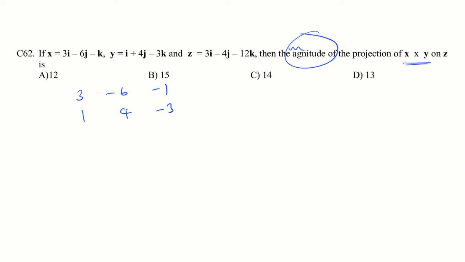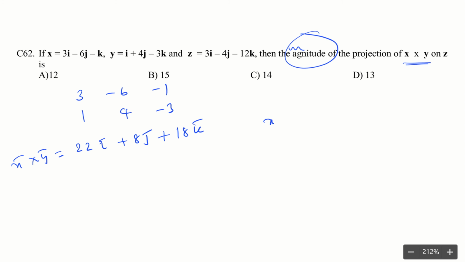So I am having 18 plus 4, 22 i bar, and it is minus 1 plus 9, so it is 8 j bar, and for k bar it is plus 12 plus 6, 18 k bar. Now this is x bar cross y bar. Now we want its projection on z bar.